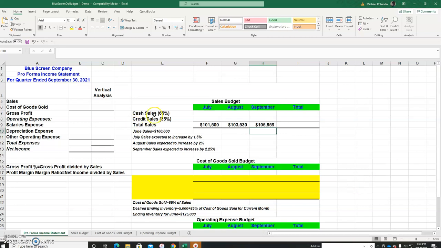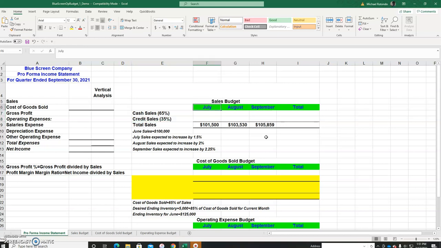Now, what we have up here is our cash sales and our credit sales. These are estimates about what we think is going to happen during this quarter. Now, we're saying we expect cash sales to be 65% for the entire quarter. It could change month by month, but we're assuming it's going to be the same.